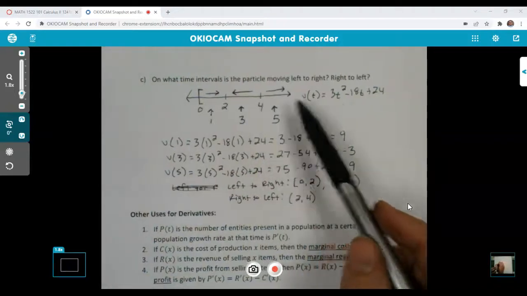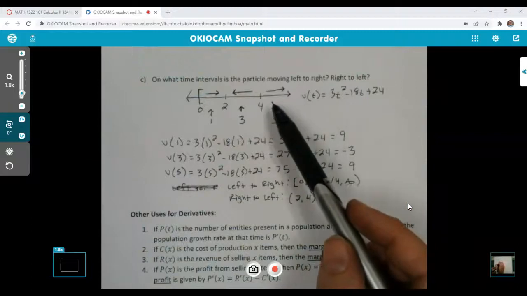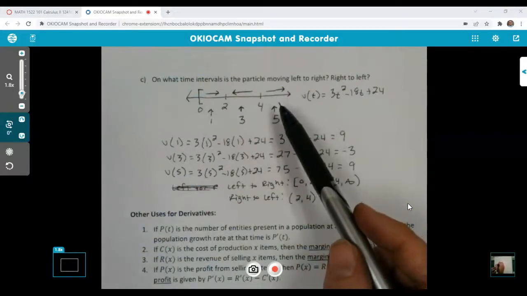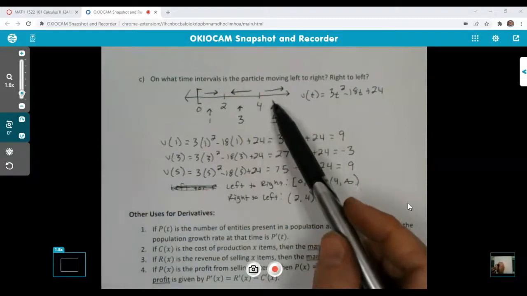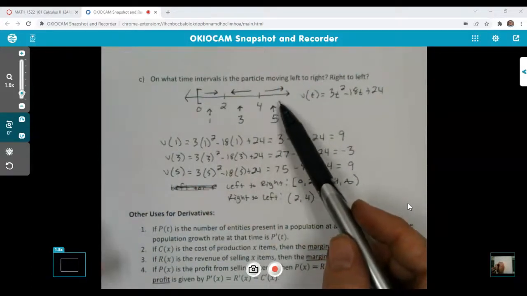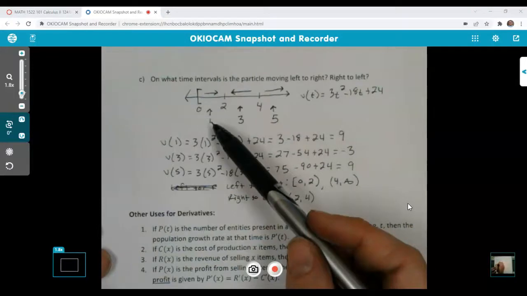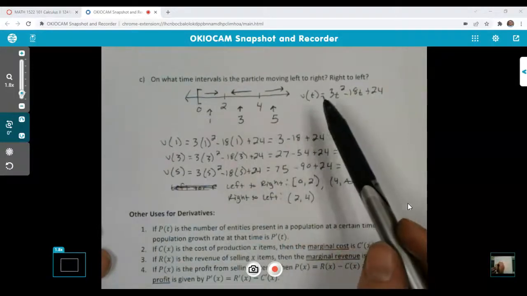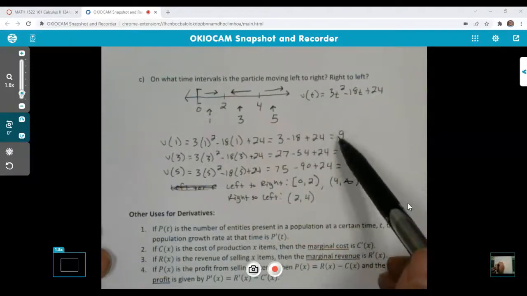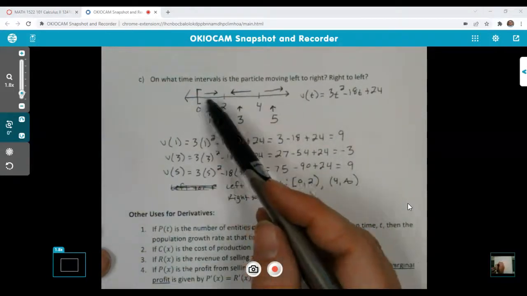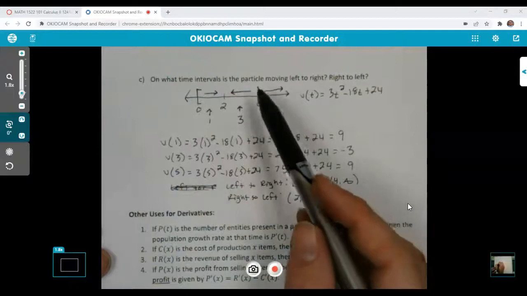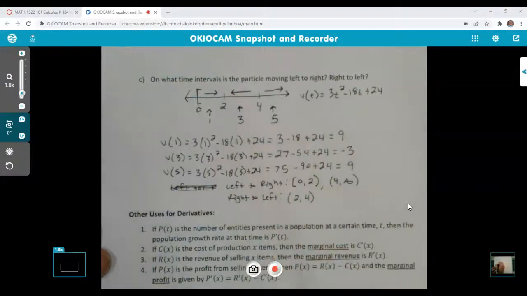And from 4 and everything else, I can pick whatever. I could pick 5, I could pick 100, I could pick 1,000. It doesn't matter as long as I'm greater than the 4. Once I have my test points, plug them into the v of t and look at the sign of that. Like this is positive 9, and so I'm moving in the positive way. This is negative 3, and so I'm going backwards.